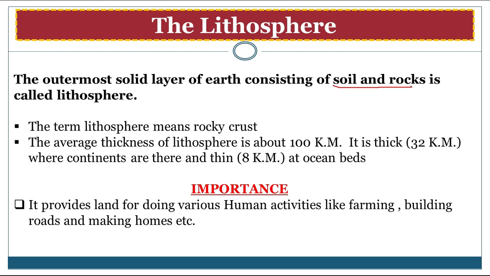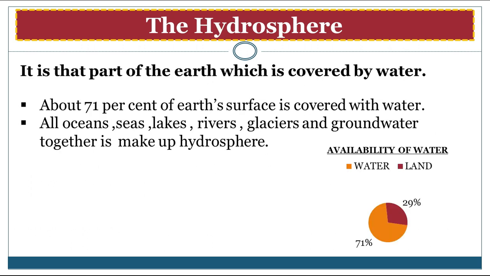Now let's try to understand the importance of lithosphere. It provides land for various human activities like farming, building roads and making homes. The land is provided by lithosphere. Next domain is hydrosphere. What is hydrosphere?